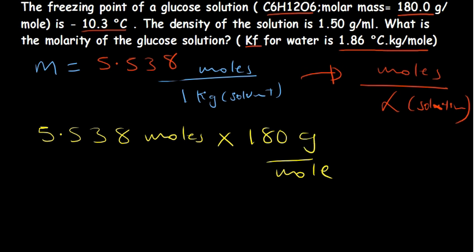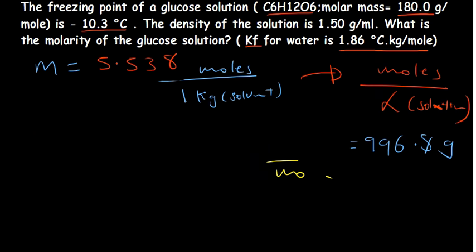So 5.538 multiplied by 180, so the value I'm getting is 996.8 grams. So we found the mass of our solute by using the number of moles and the molar mass.